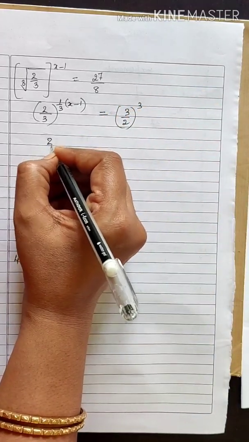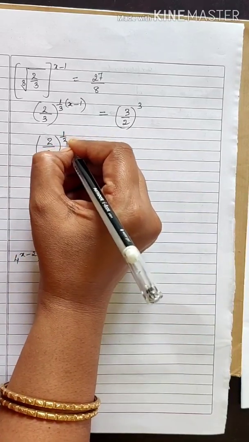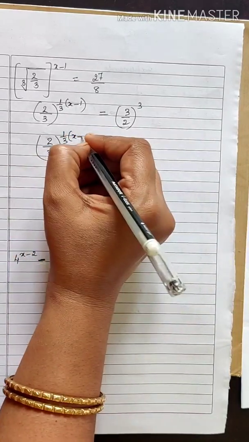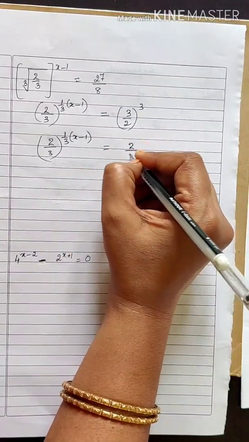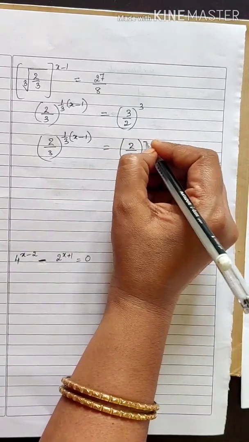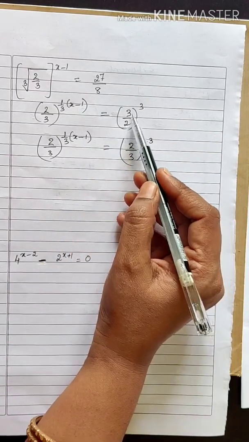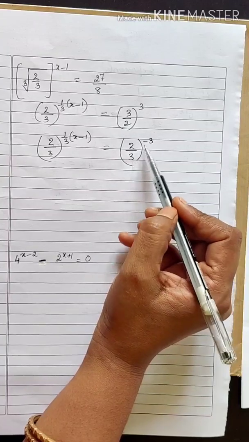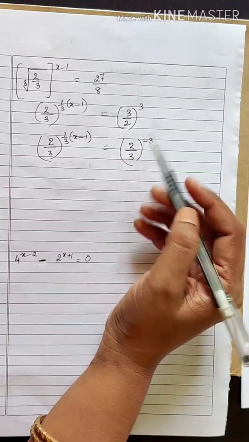Now this will become (2/3) to the power of 1/3 of (x-1) is equal to (2/3) to the power of minus 3. Here I am representing 3 by 2 as 2 by 3, and in the whole process the sign of the power changes.